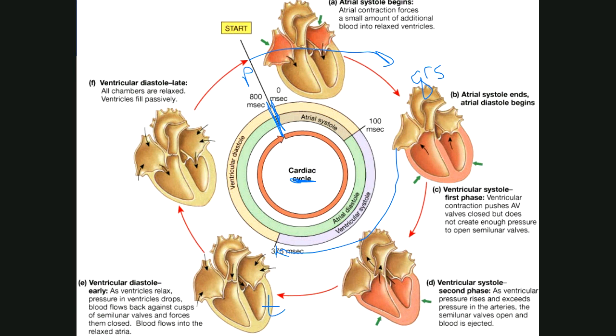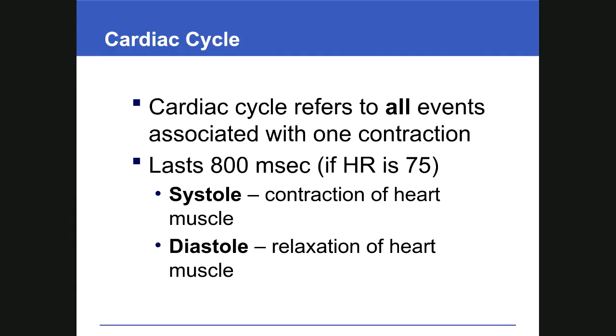And then there's this sort of pause, and then it happens all over again. So when we look at it, again, it's a circle. So P, QRS, and T. P, QRS, T. P, QRS, T.